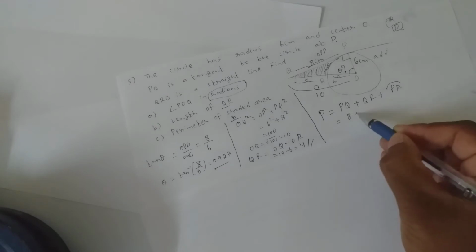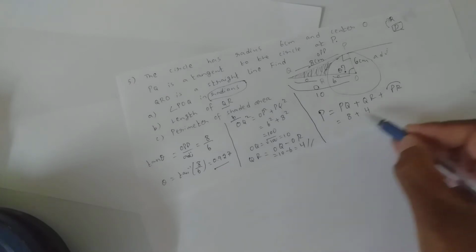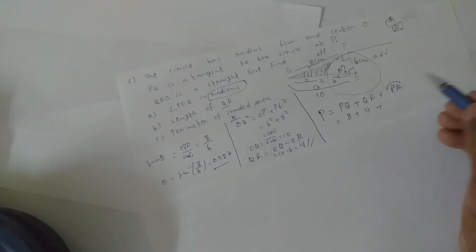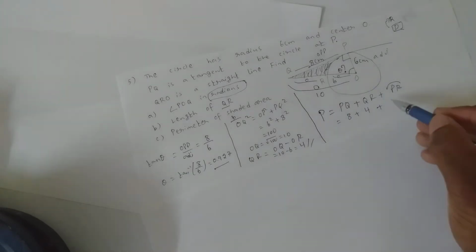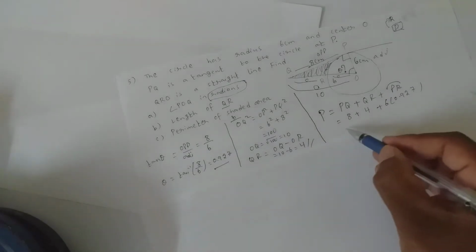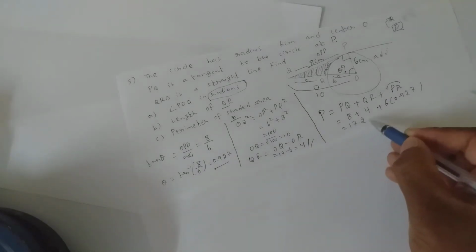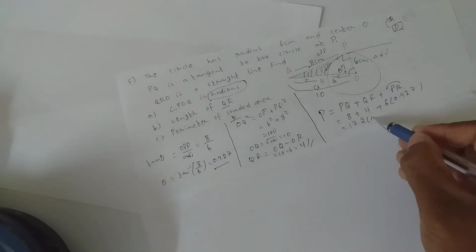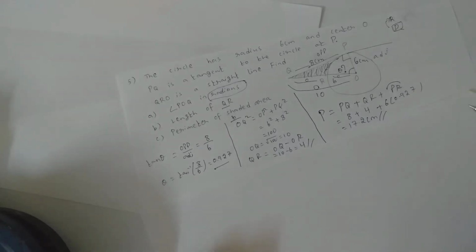PQ is 8, QR is 4 from the second bit, plus arc PR, which is nothing but r theta. So it is 6 into theta, which is what we found in the first bit, 0.927. Put the entire thing in the calculator, you get 17.2. Since this is in centimeters, you also get it in centimeters.